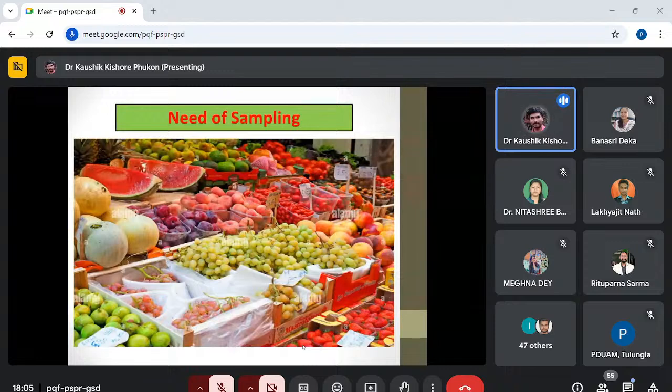I'm sure that we all love to eat tasty foods. From where can we get the fruits? From a fruit vendor in a marketplace. Suppose you are going there to buy grapes with good flavor. The only way to know whether the grapes in the shop are tasty or not is simply sampling.